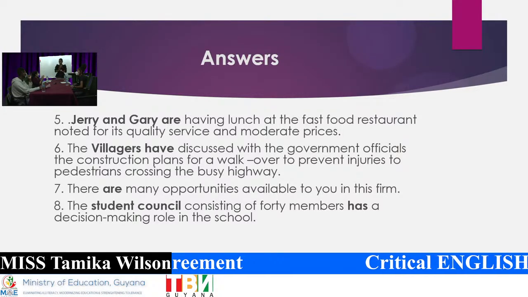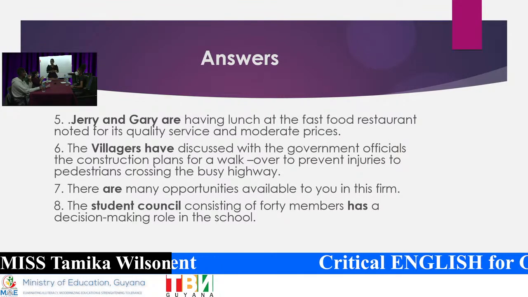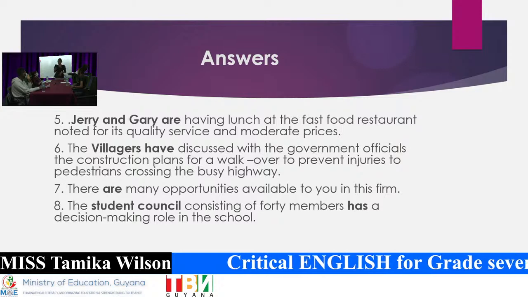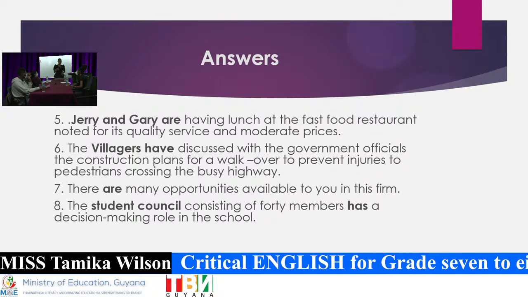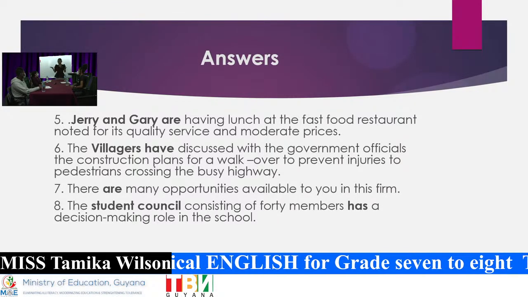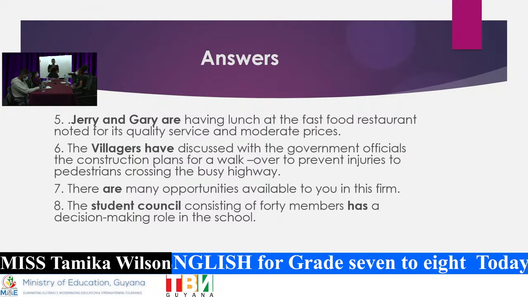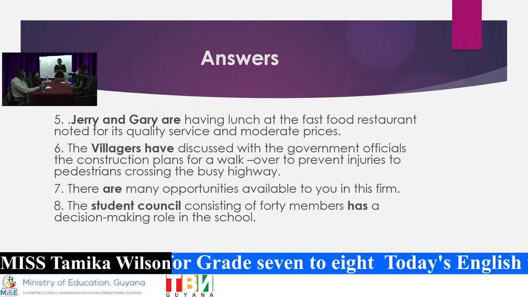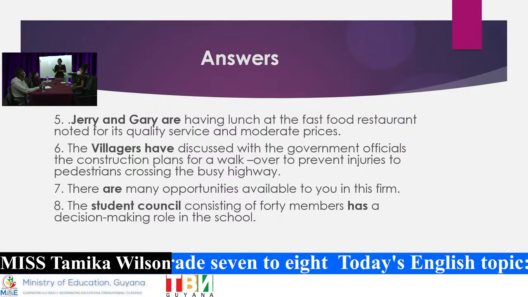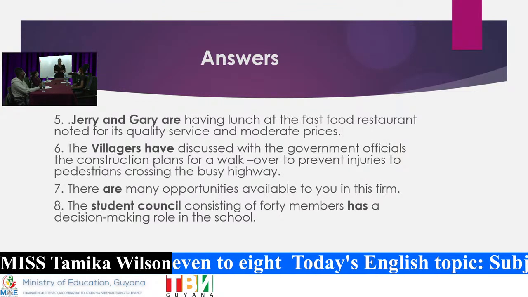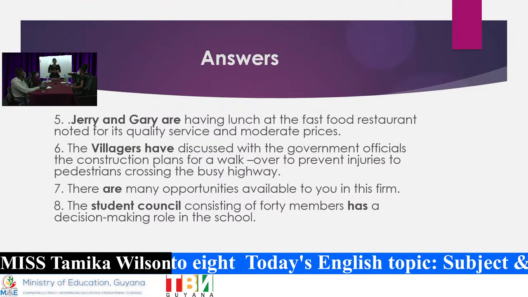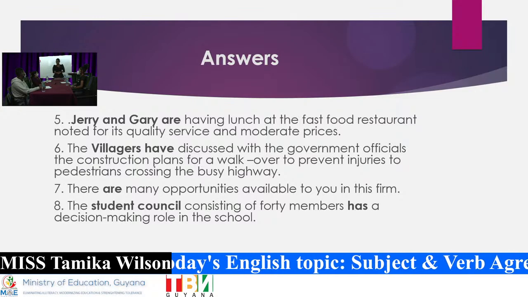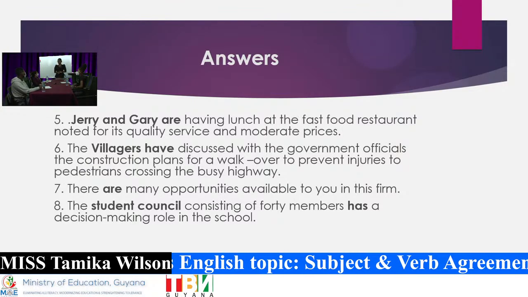And so if the number of the subject is 1 or what? Because we have instances where it's 0. 1 or less than 1, it's singular. And when it is 2 or more, it is plural. And so we must use the plural form of the verb when we have a plural subject. And we must use what form of the verb if we have a singular subject? Singular form of the verb.